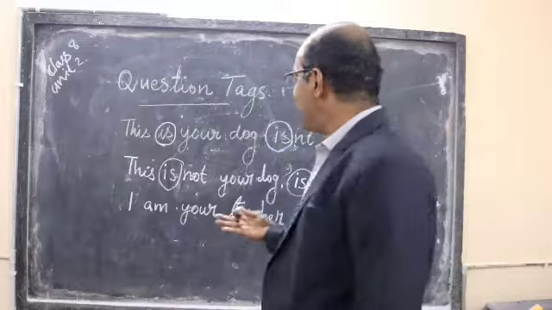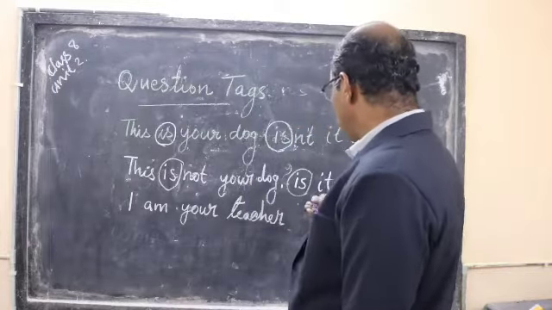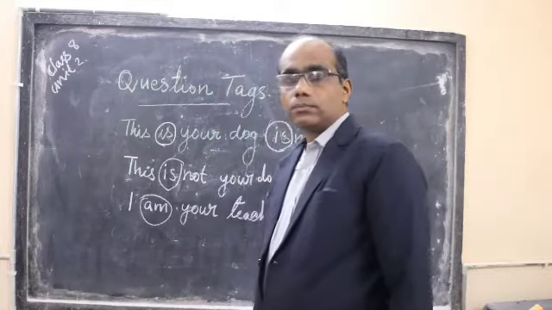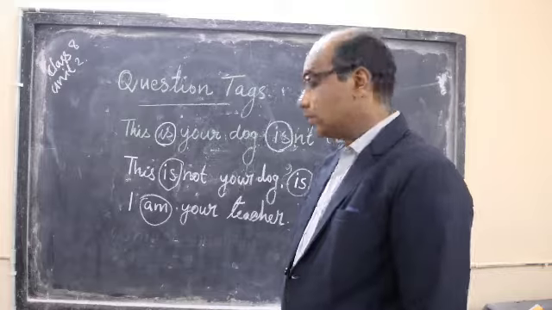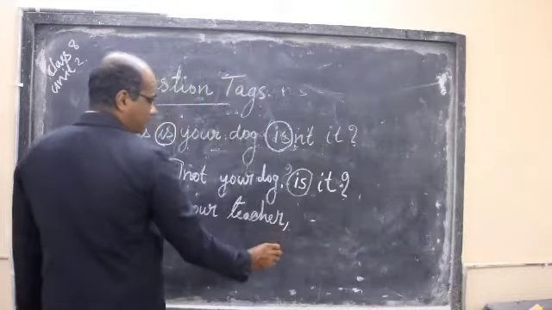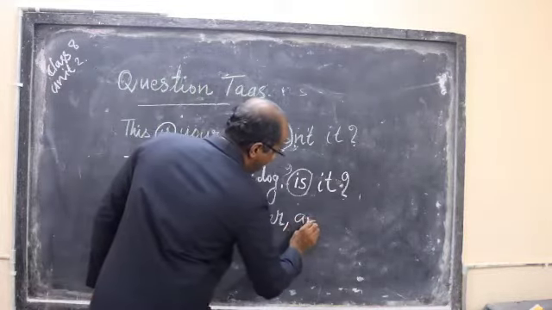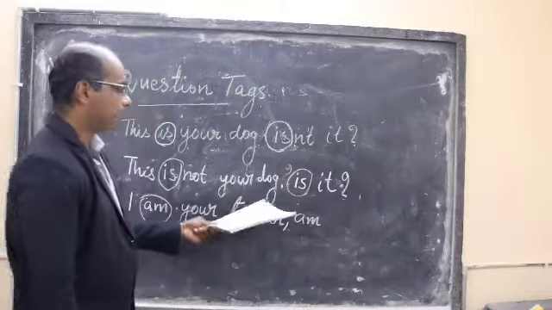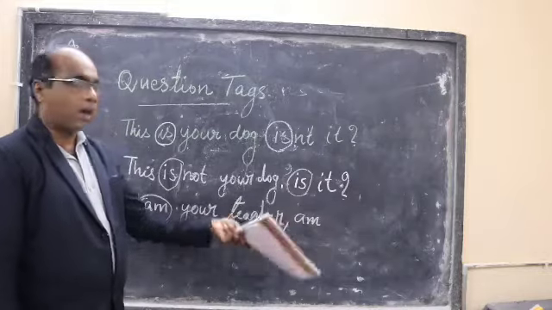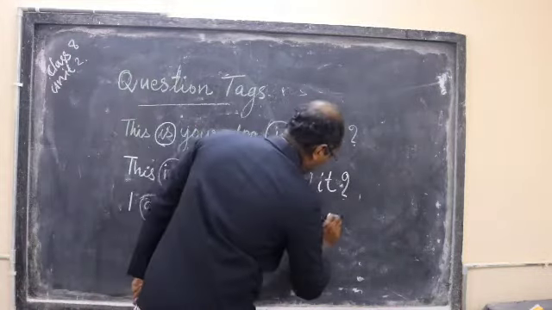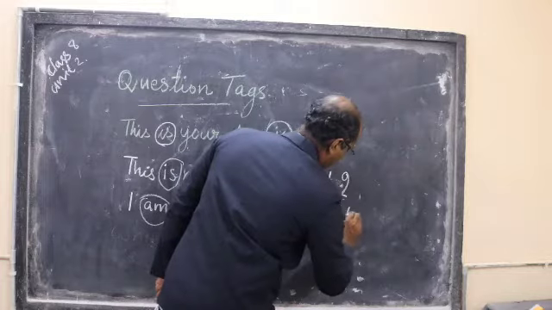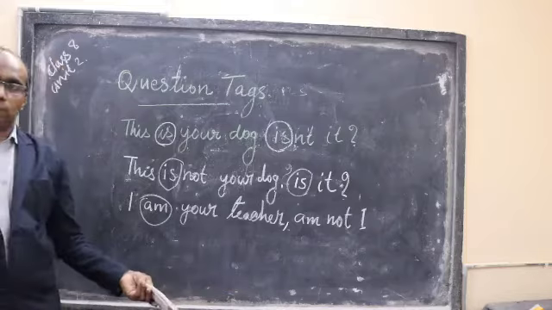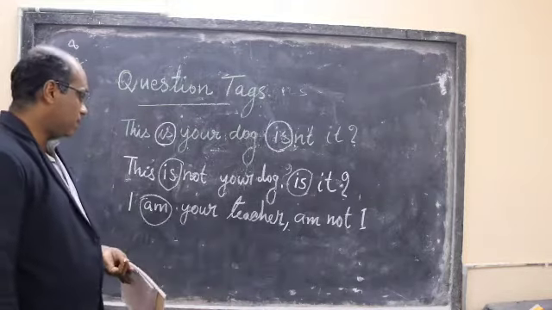So how will be the question tag? It will be starting with this. So here you can put comma, then you write, then this negative form should come. No, I'm not I. I'm not I. Okay, I'm not I. That's a question completed.